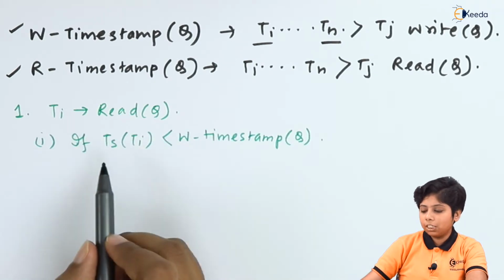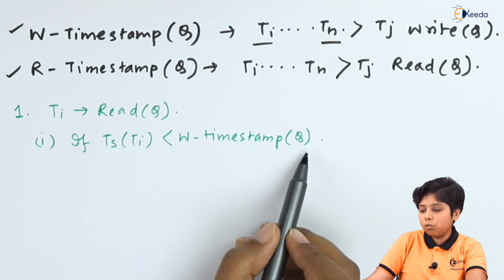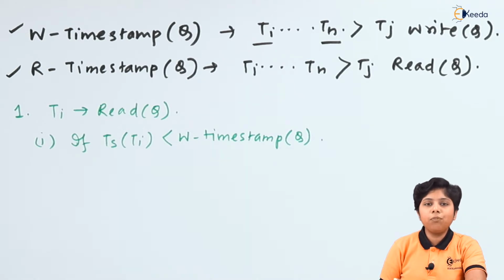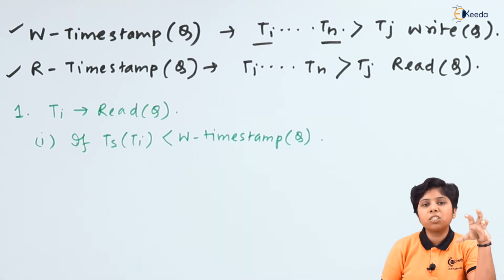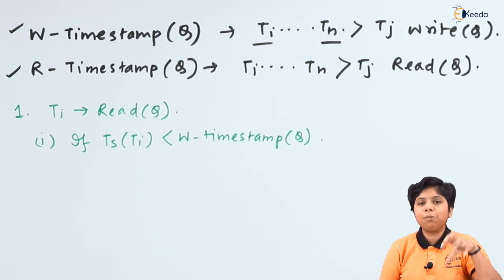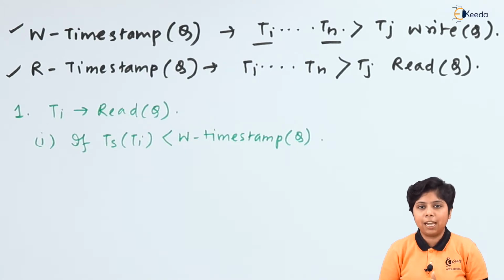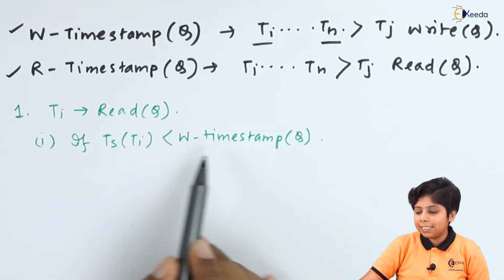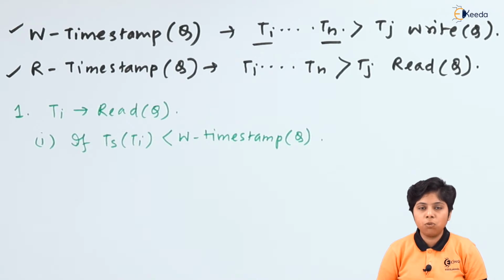Now if the transaction timestamp TS(Ti) is less than the W timestamp Q, now that we know that W timestamp Q is holding the largest value for the write on data item Q, that means it belongs to the transaction that has taken the largest time. Now my TS(Ti) is less than this W timestamp Q, that means the transaction has happened over the time period before this W timestamp Q.